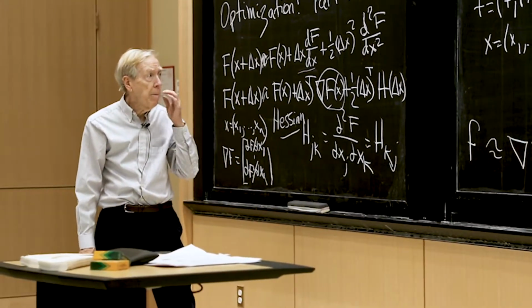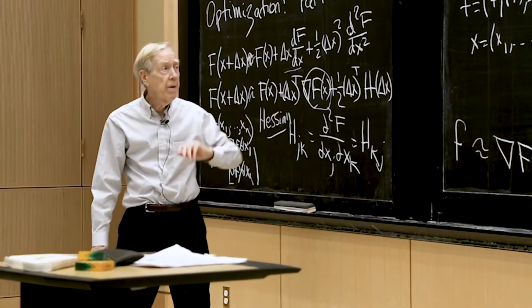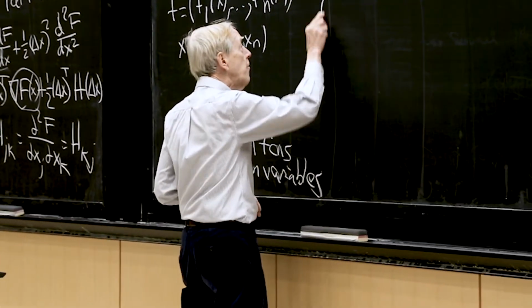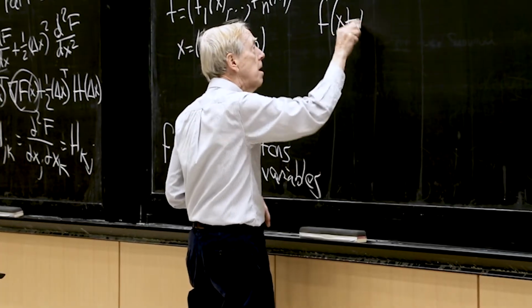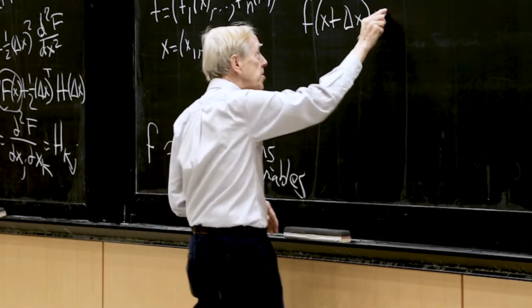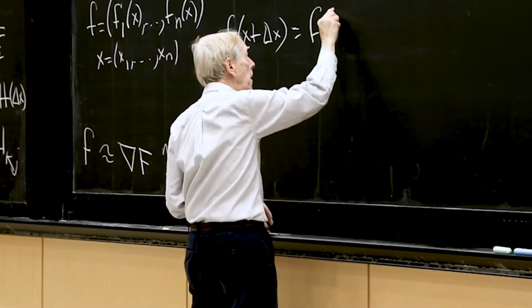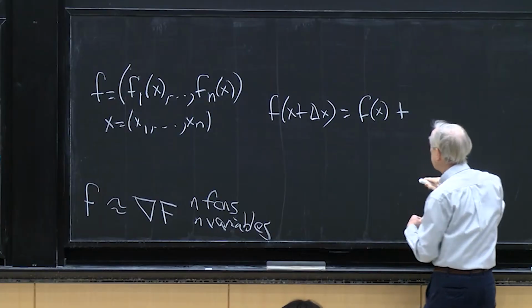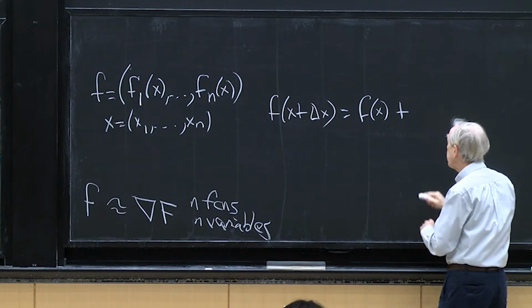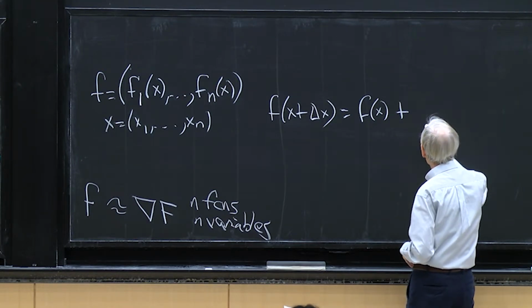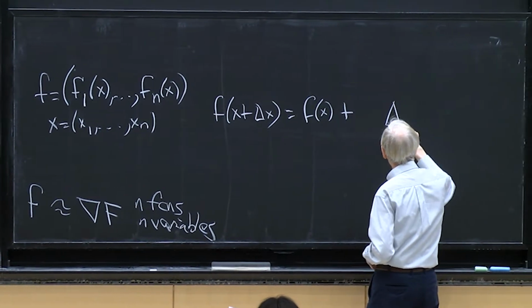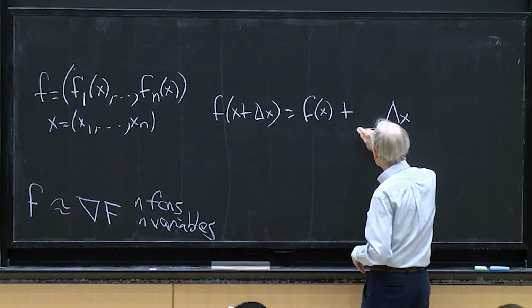So now maybe what I'm after here is to solve f equals 0. So I'm going to think about the f at x plus delta x. It starts with f of x, and then we have the correction times the matrix of first derivatives. And what's the name for that matrix of first derivatives?